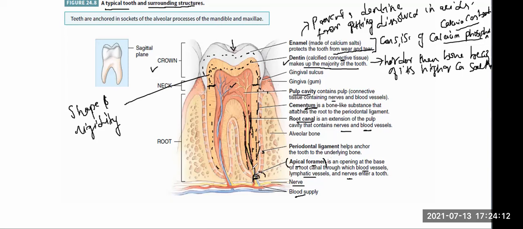It is through this opening that lymphatic vessels, nerves, and blood vessels enter the tooth, and that makes up the pulp cavity, right? I hope this is clear to you. Thanks.